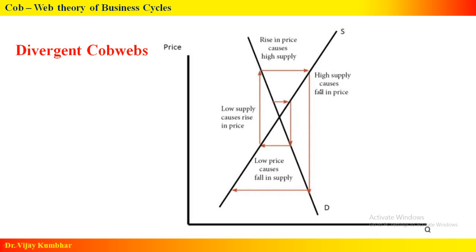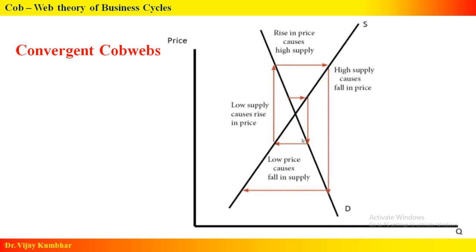The high supply causes the price to fall the next year. Suppose the supply of the particular commodity increases at this level, but at this particular point the demand is too low. Hence, the prices will fall again, and such a type of divergent cobweb will form. This is the divergent cobweb.